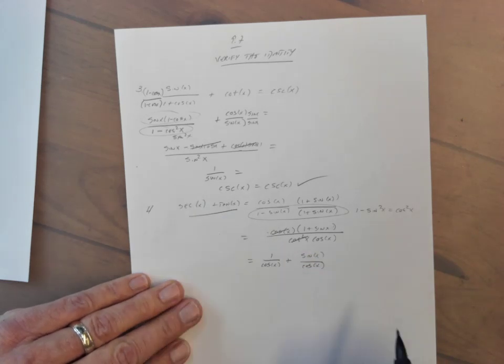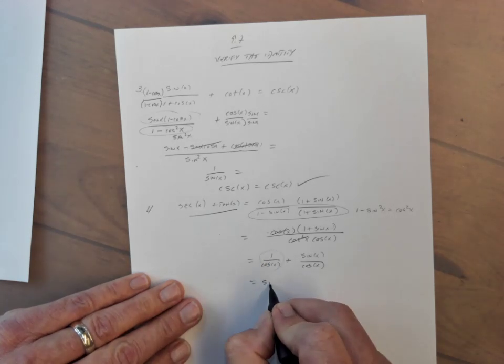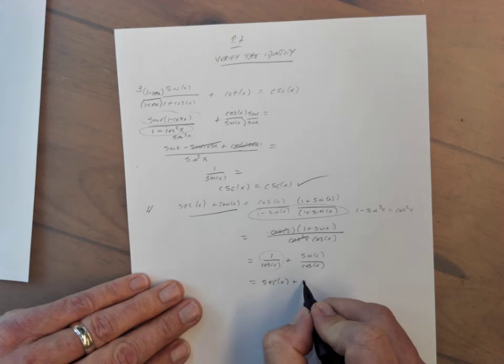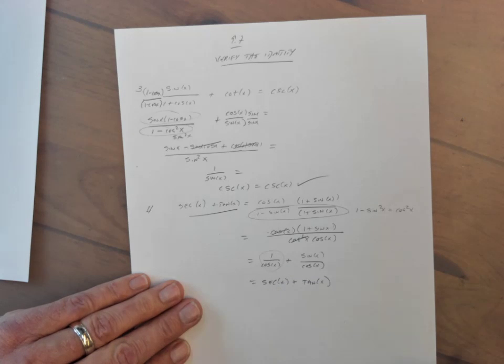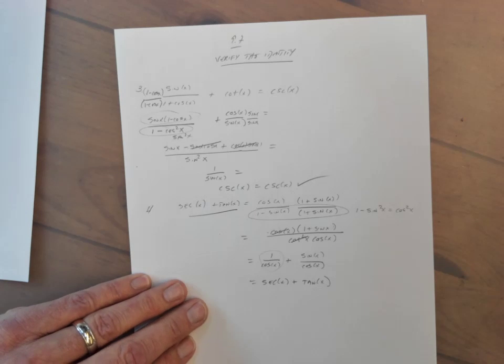Again, because I see what I have on the left side and I know what that has to equal. There's our reciprocal, secant. And here sine x over cosine x is tangent. So there we are.